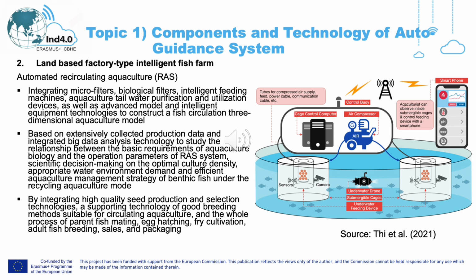By integrating high-quality seed production and selection technologies, the fish farm establishes a supporting technology of good breeding methods suitable for circulating aquaculture and realizes the whole process of parent fish mating, egg hatching, flight cultivation, adult fish breeding, sales, and packaging.